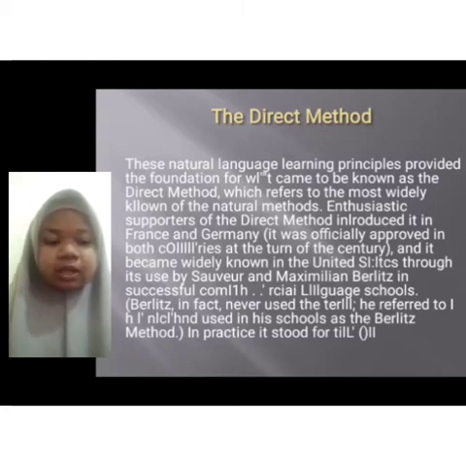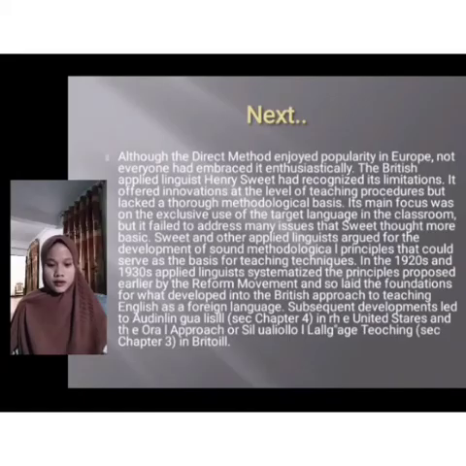He opened a language school in Boston in the late 1860s, and his method soon became referred to as the natural method. Also, the direct method enjoyed popularity in Europe.